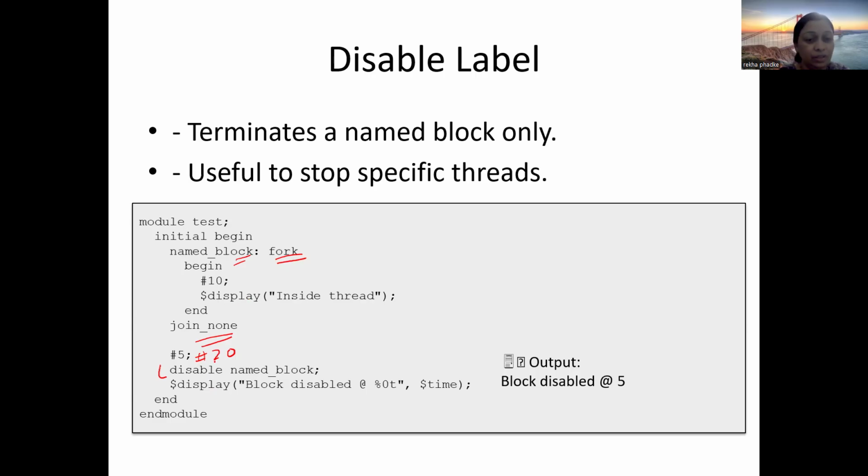But after this gets displayed, it will come here and later disable the block. So by then this would have been displayed. Okay. So it depends on how you disable, at what time you disable the block. Based on that, either this entire block gets displayed or it will not get executed. Okay, so that's how it works.